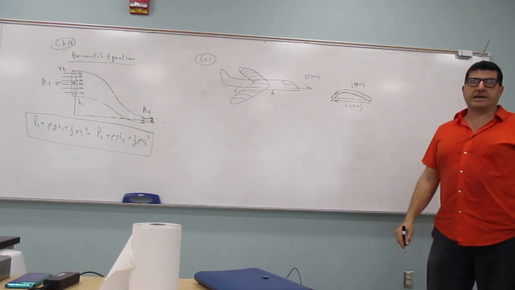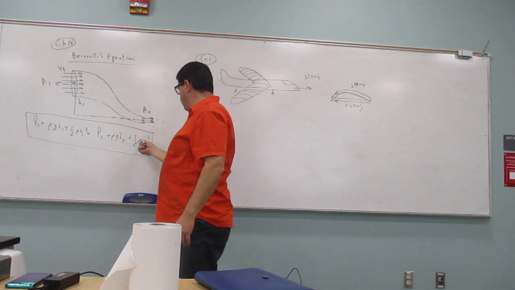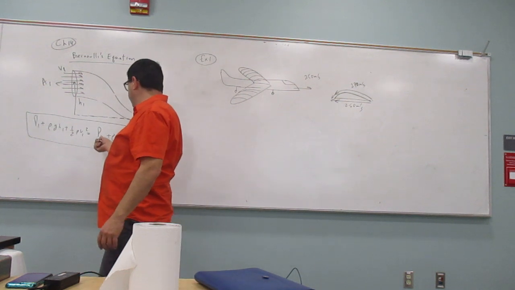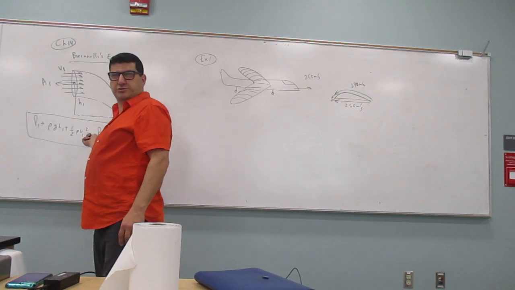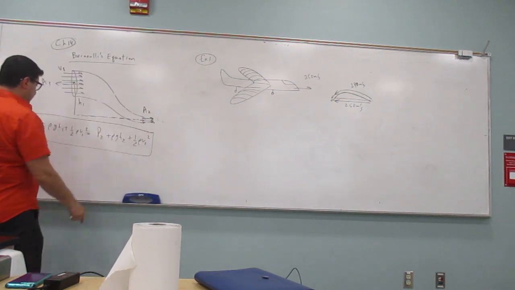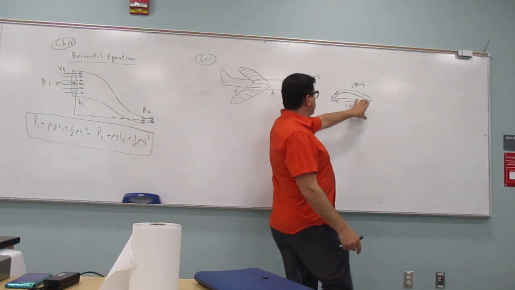Okay? So then what's going to happen? The faster fluid is going to have a smaller pressure, right? The faster the fluid moves. So we can apply Bernoulli's equation to this gas down here.